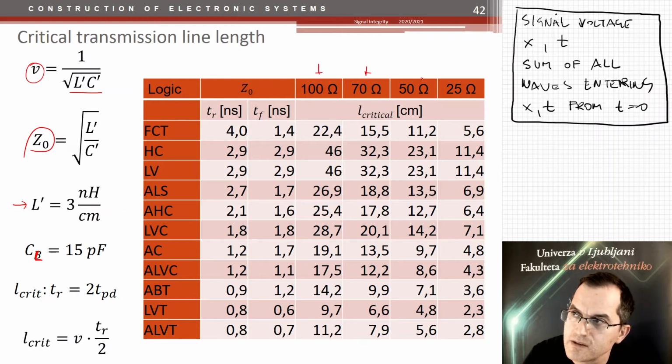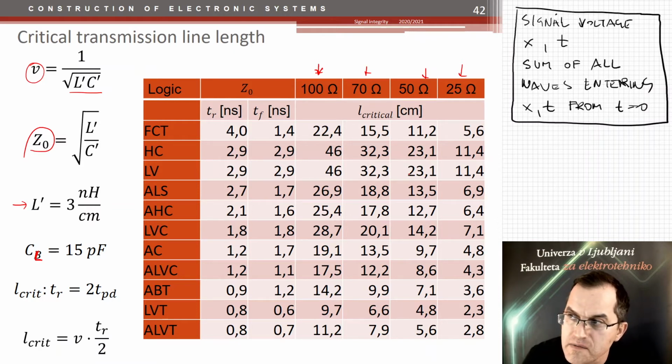So these are different characteristic impedances of the lines, and then you can calculate the speed, and out of the speed you can calculate the TPDs, and then calculate the critical line length as speed times rise time halved. And these are the values here.